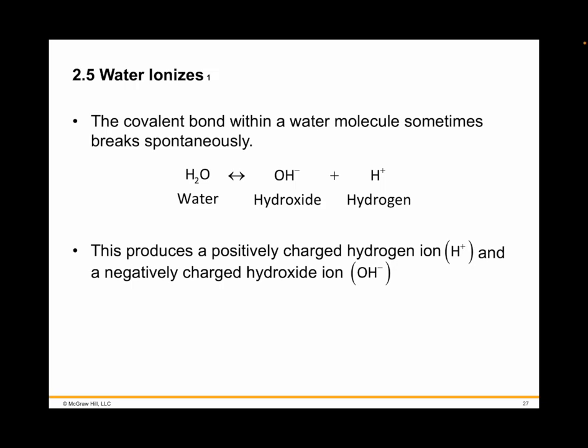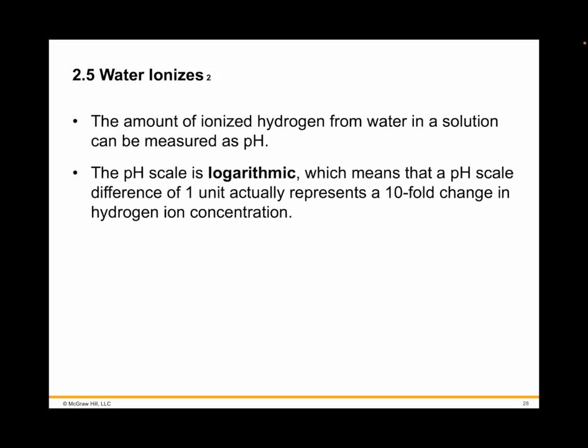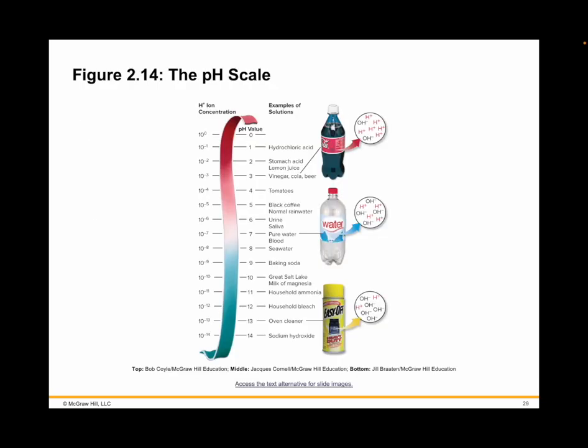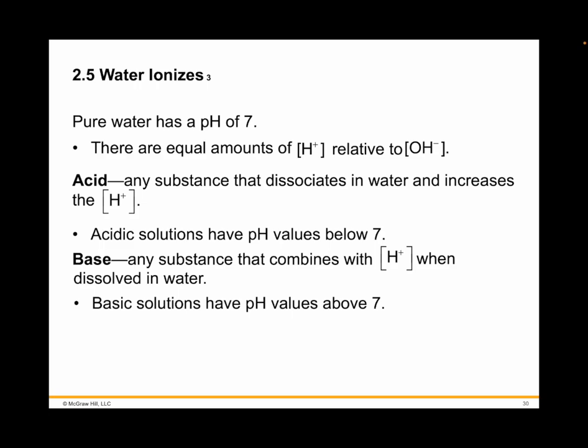Acids. And this is the pH scale. Now let's get to acids. Any substance that dissociates in water to increase the concentration of hydrogen ions is called an acid. Acidic solutions have pH values below 7.